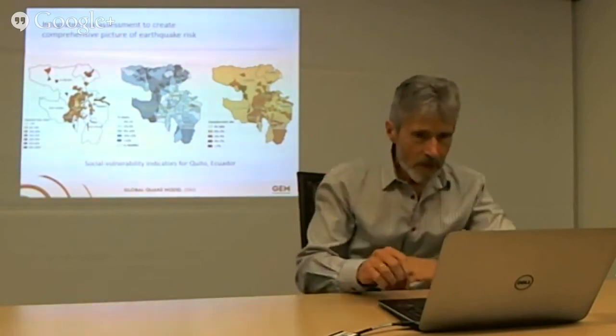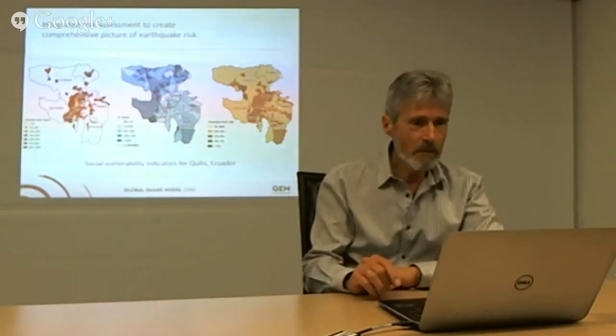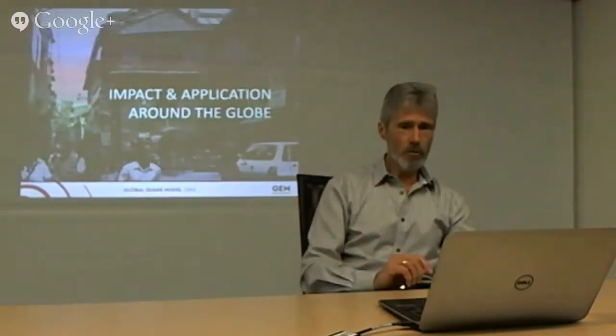Then for integrated risk assessment, we have here an example just shown for the city of Quito in Ecuador. Indicators for social vulnerability, and we have already carried out such work for several other areas. And that brings us to application impact and application around the globe.